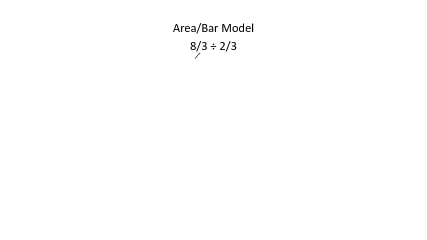And what this is going to tell us using this model is how many we have. So we've got 8/3. So we have 8/3 in 2/3 of a group. Using the partitive model, that's what this is going to tell us.